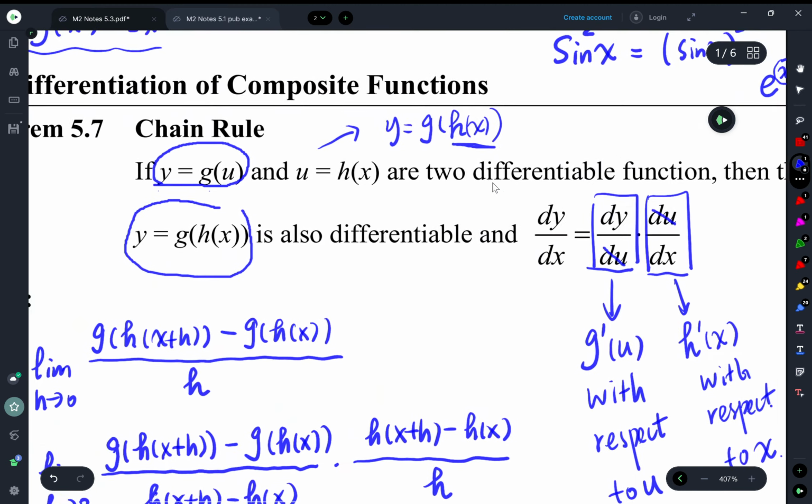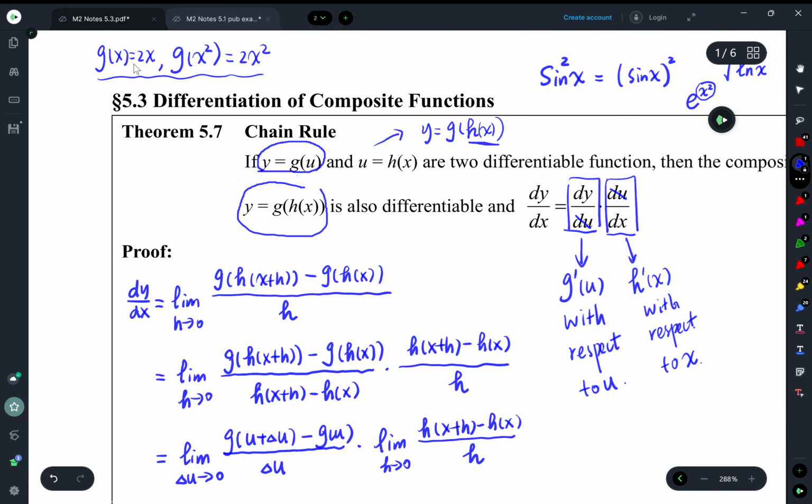An example in the past would be this one. g of x equal to x, that's a function. And x squared is another function. So if I put x squared inside this one, then I get a composite function. Do you know what I mean? Because I put another function inside the original function, I create another function. The result is a composite function.